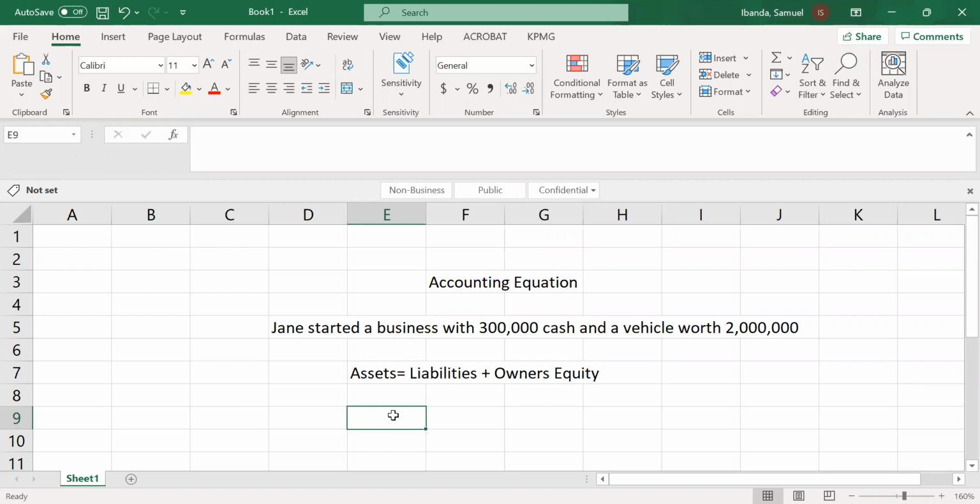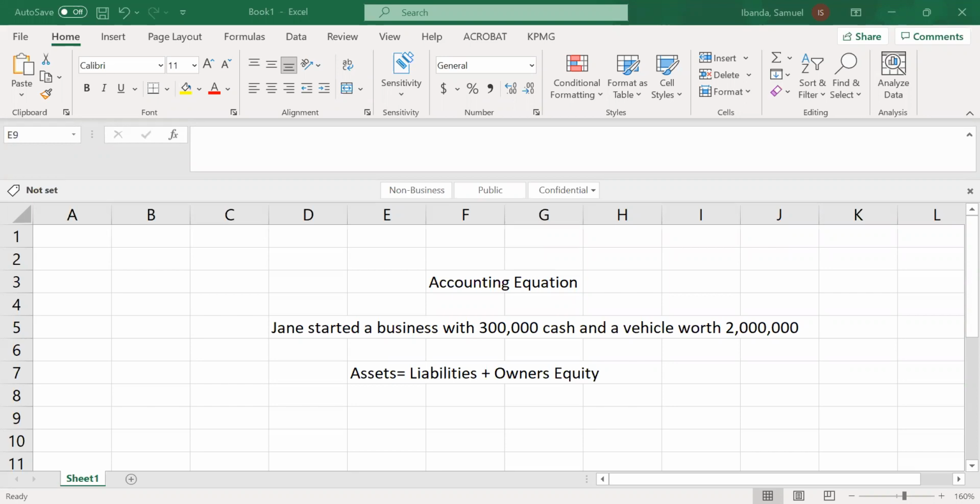If it is current, it will be 12 months and below. Some examples of fixed assets are motor vehicles, fittings, land and buildings, and so on.